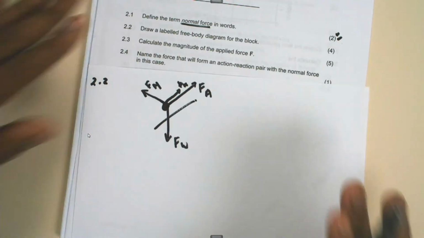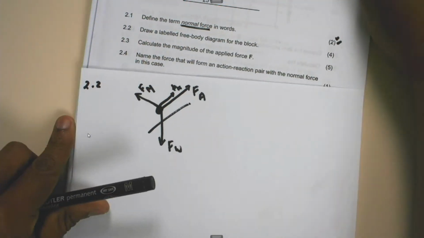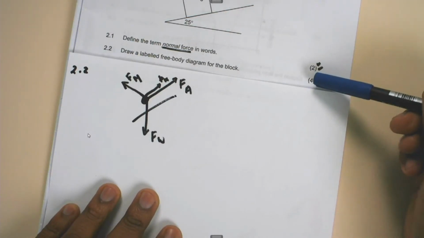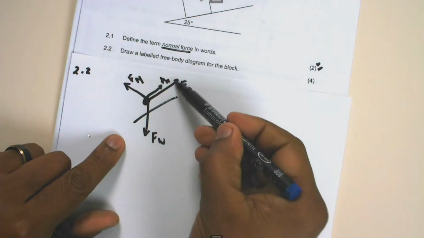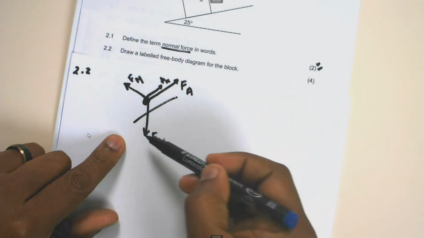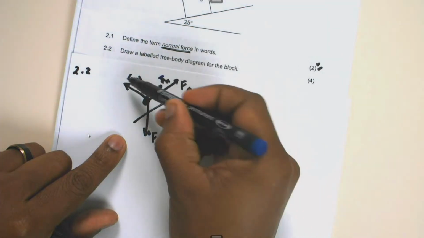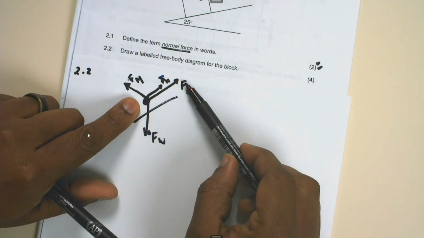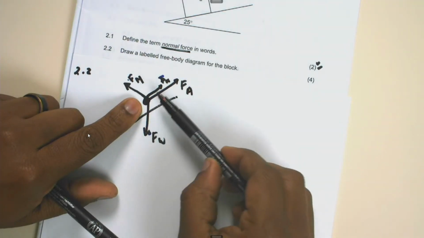So this will be correct, because now the indication is if a question on a free body diagram is 4 marks, then I must be able to get 4 vectors. But look at what I did. I have an arrowhead for each and every one of them. I also have a label for each and every one of them. So if your vectors do not touch the object, you lose marks.